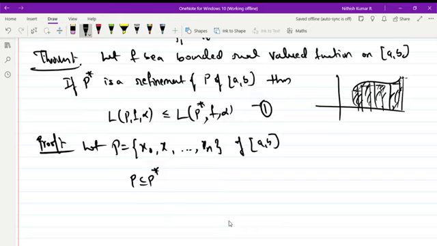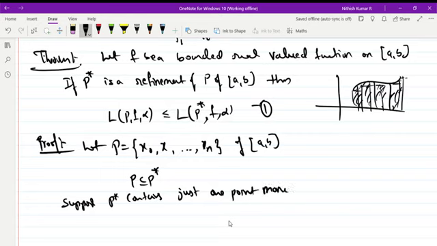So suppose P star contains just one point more than P. Let me denote this point by x star, that extra point which lies in P star.